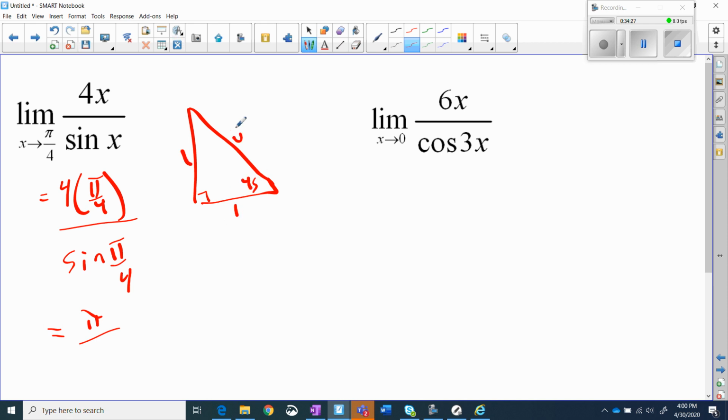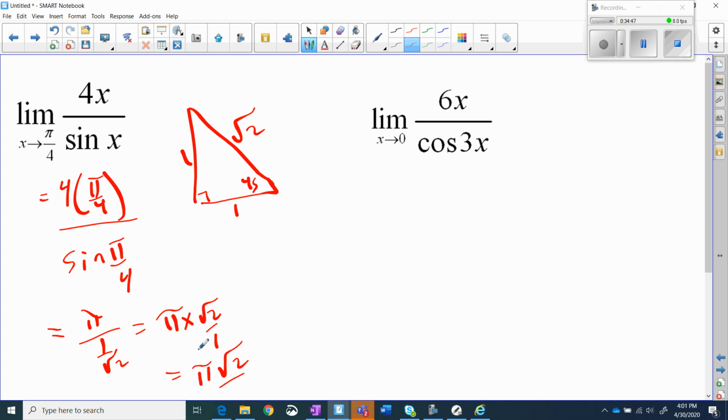Your triangle that goes with that is 1, 1, root 2. The sine of 45 or pi over 4 is 1 over root 2. To divide by a fraction, you just multiply by the reciprocal, and I would get pi multiplied by radical 2. That would be my answer.